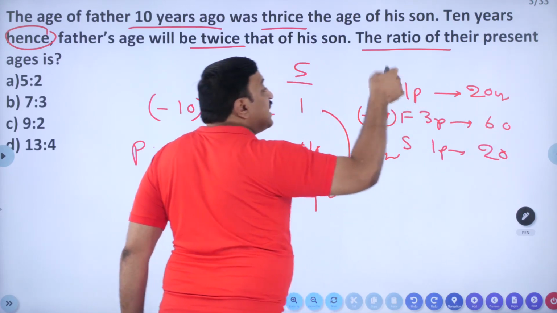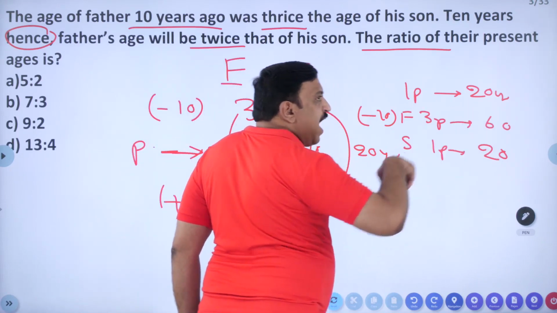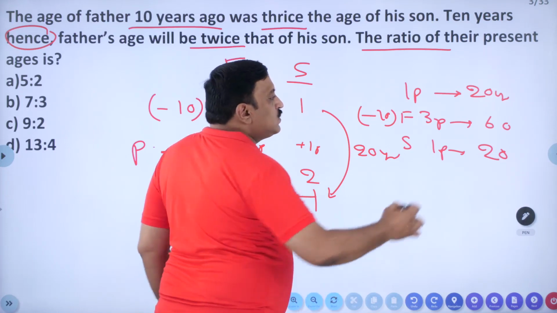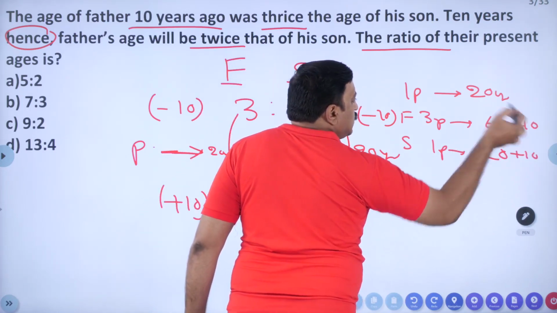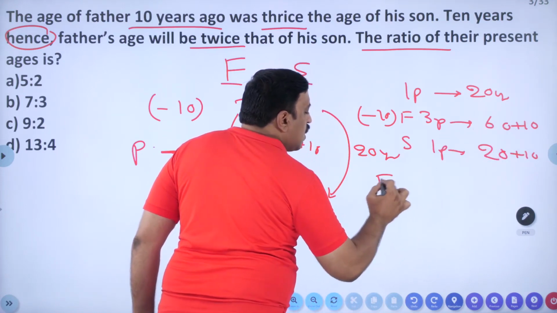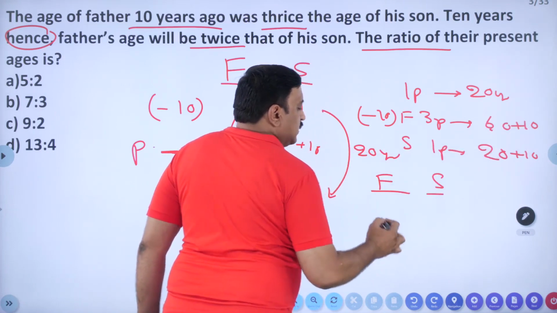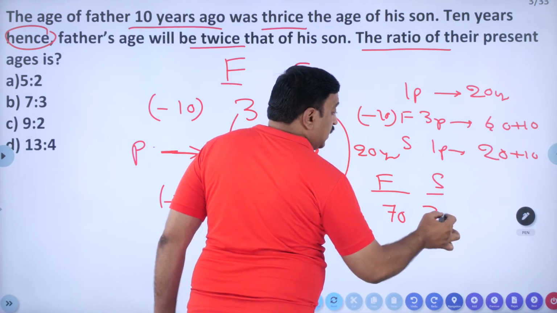These are the years, 10 years back for both of them. So I have to add to get present, is it not? So I will add 10 for both of them. So father and son are now 60 plus 10, that is 70, and 20 plus 10, 30.